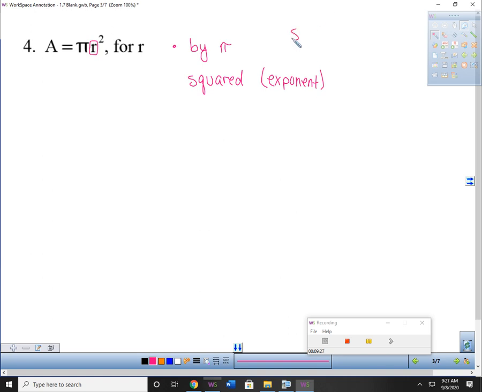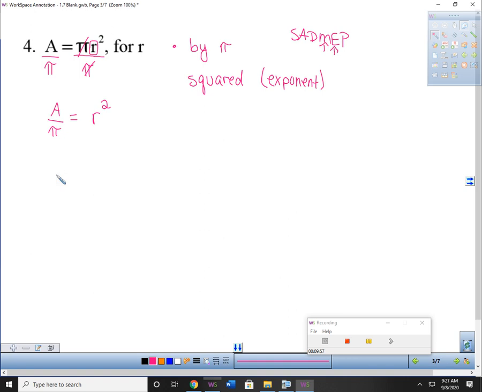All right, so let's look at order of operations backwards. If we're multiplying and we have an exponent, which one gets undone first? The multiplying. So since I'm multiplying by pi, I will divide by pi. So my pi's cancel over here. I have area divided by pi is equal to R to the second power.